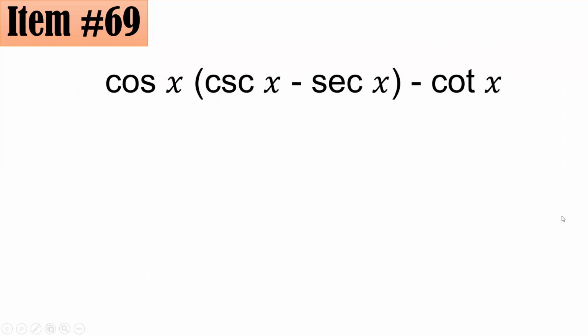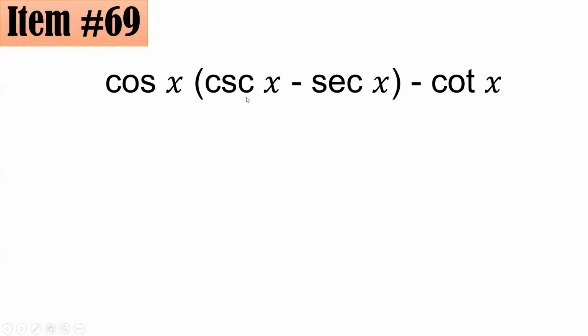Take note po marami pong paraan kung paano ito isolve. I will show one of them only. And one of them is to express them, if possible, in terms of sines and or cosines. Ito yung cosine x, it's already okay na. How about yung cosecant x po? Ano po ito in terms of sine or cosine?